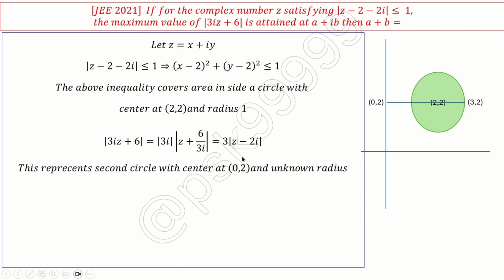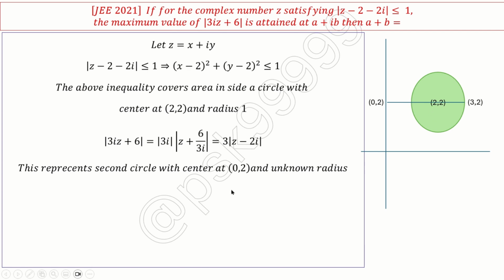This is nothing but x square plus (y minus 2) whole square equal to some r square, so the center is (0, 2), which is here. It is in a straight line, parallel to the x-axis, of unknown radius.